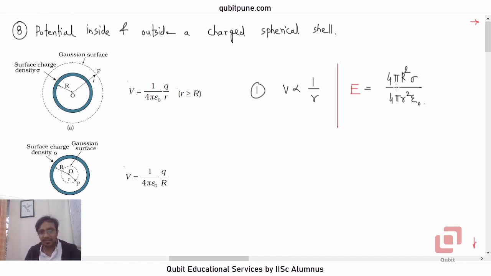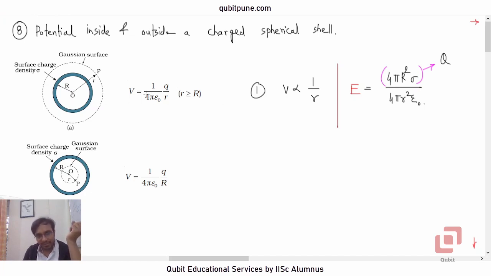If you remember this, the numerator here is actually the total charge on the surface, surface charge density into total surface area. So this is as good as saying that there is a point charge situated at the center of this shell, shown in the blue color, assumed very thin, and that point charge is creating its own electric field. So outside it is just like a point charge situated at the center.